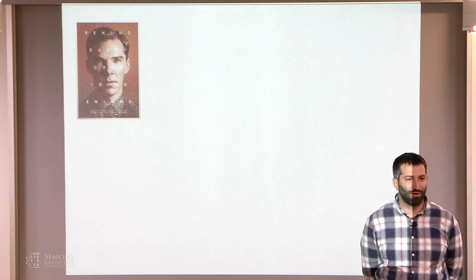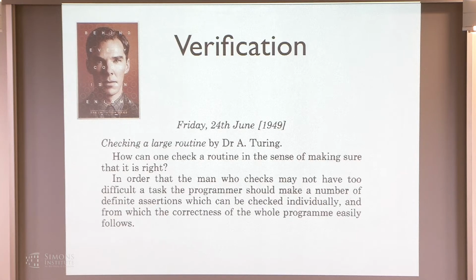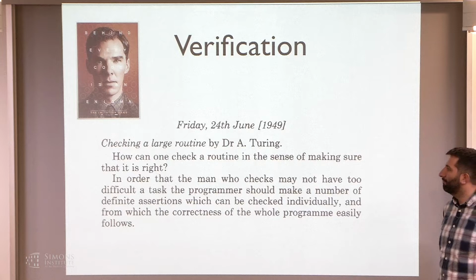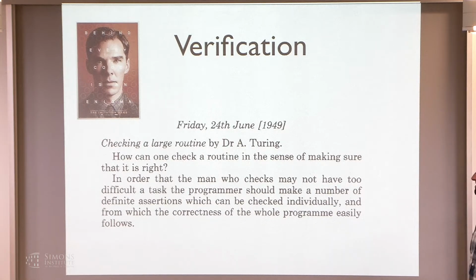It started more or less when computers started, and I usually like to present it through the words of Turing, who already thought a bit about this problem. He was asking himself, how can one check a routine in the sense of making sure that it is right? And the answer was already there.